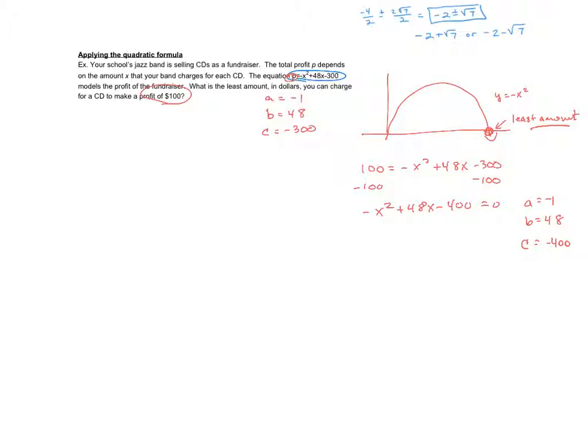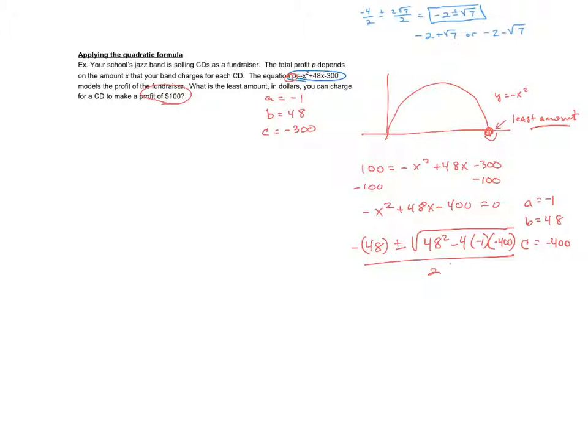Identifying my a, b, and c values, I use those to populate my equation. So I have negative 48 plus or minus the square root of 48 squared minus 4 times negative 1 times negative 400, all of that over 2 times negative 1.